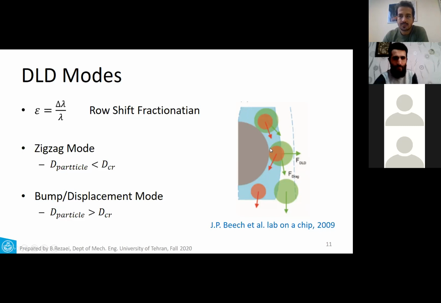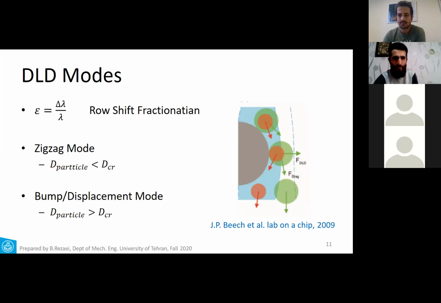Look at this image at the right side of the page. If the particle is small enough, like the red particles, and this gray part is half of the post, and this is the fluid that is coming.